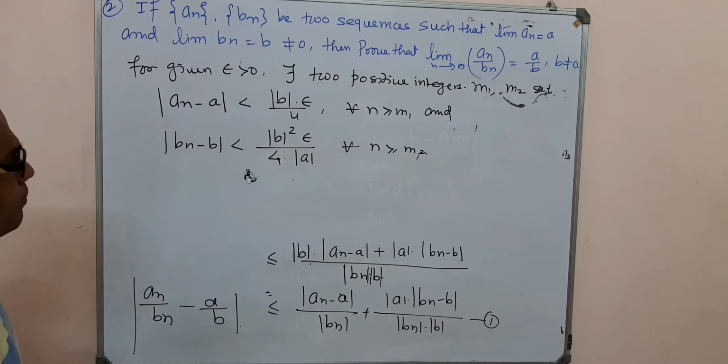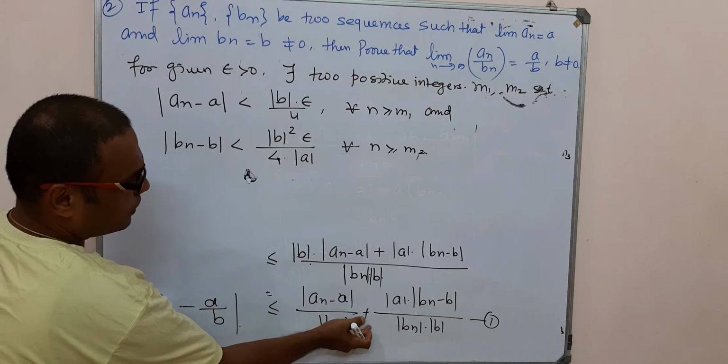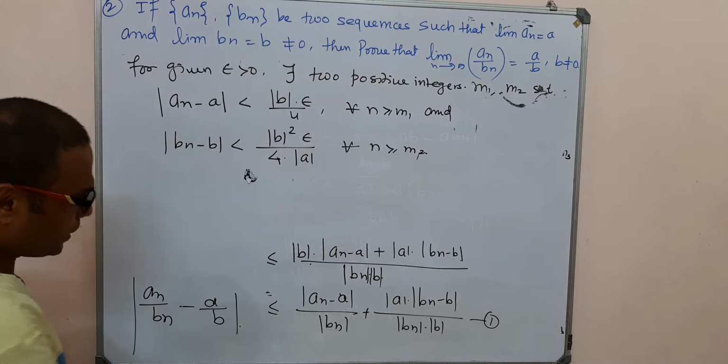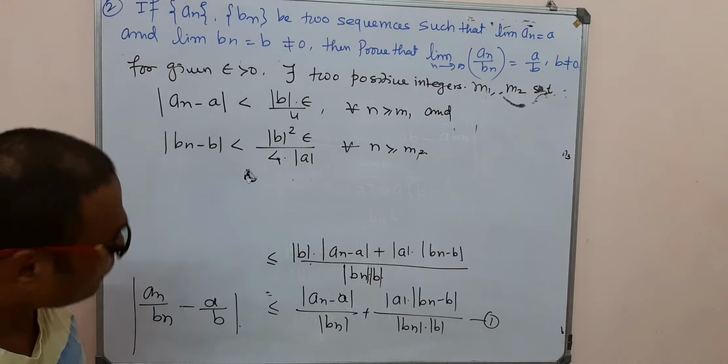Now we use the lemma to prove this portion is less than epsilon.